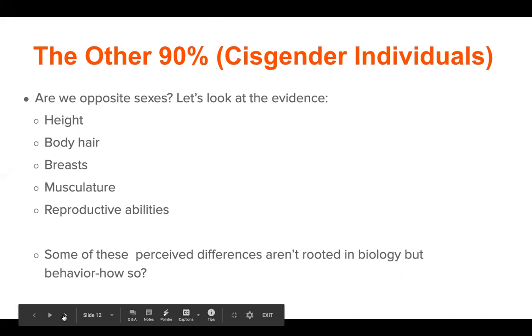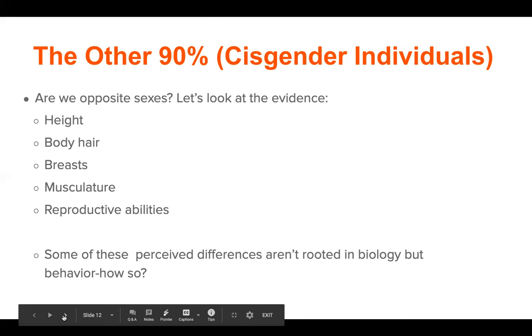And what do we do? We wax and we shave and we Nair, and we maybe even invest in electrolysis. And we do this day after day, week after week, for some of us from the moment we hit puberty. And so our lack of body hair isn't necessarily rooted in biology, but in behavior.